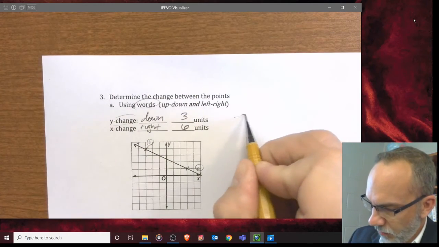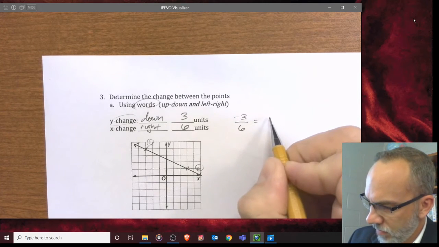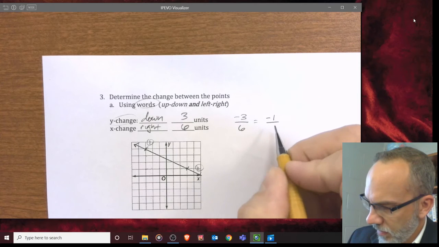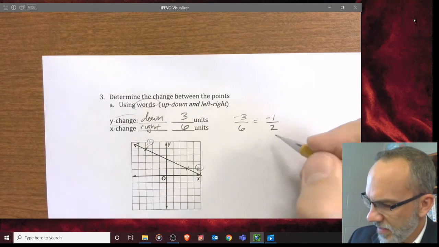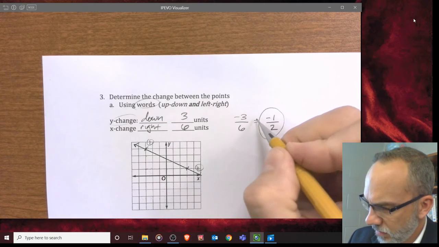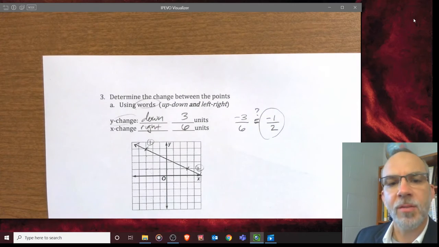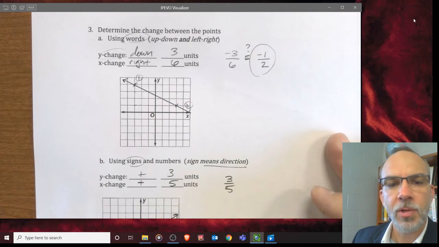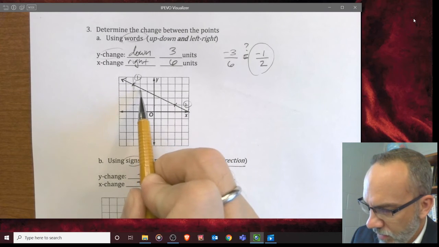But what about this one? This one was down 3, right 6. Doesn't that reduce to down 1, and then right 2? Is that the same thing? As a fraction, it means the same thing. Does it mean the same thing with regard to the concept? What if I start at this first point and I go down 1 unit and then right 2 units?